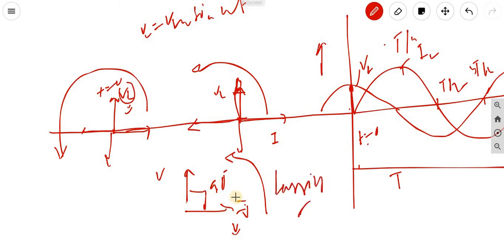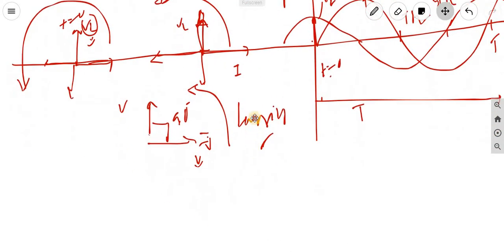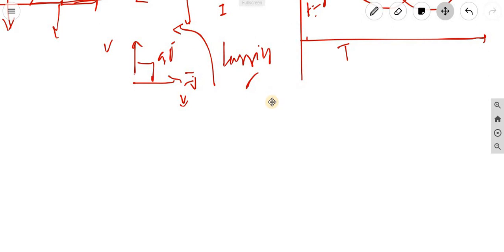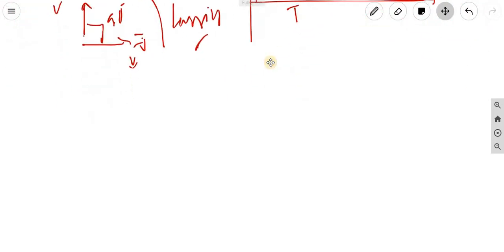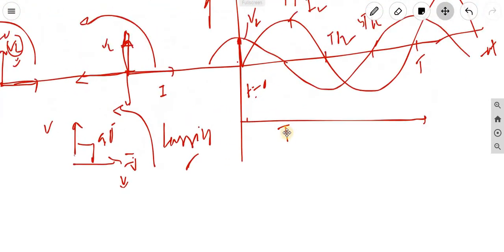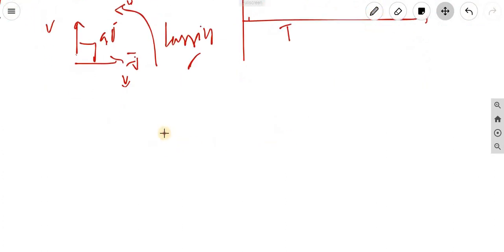By how much angle? 90 degrees. So there would be a 90 degree lag for the inductor. What is the meaning of this? This means at t equal to 0 the current is in this direction and the voltage in this direction.